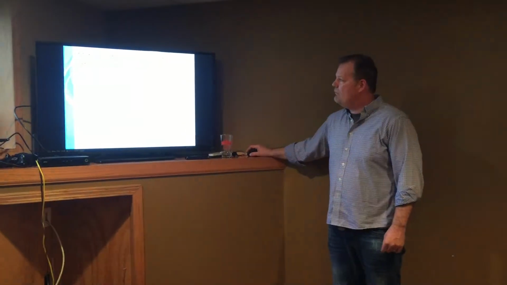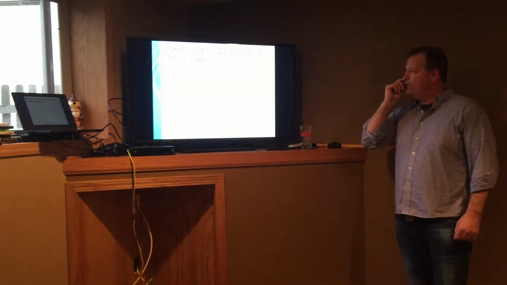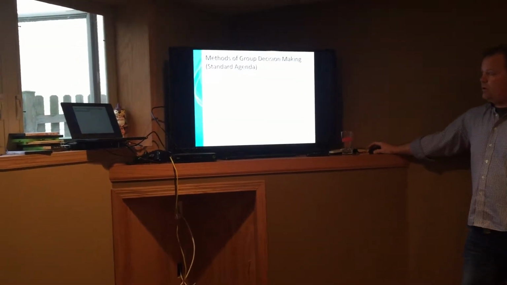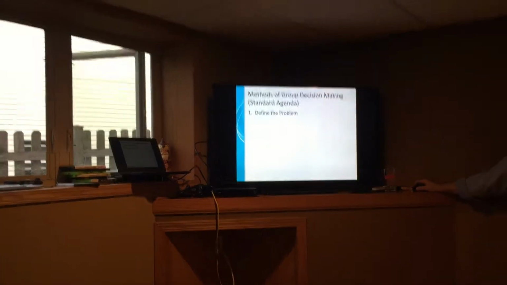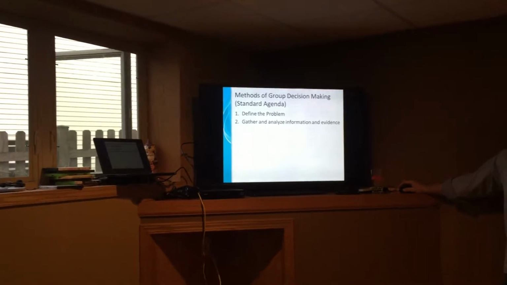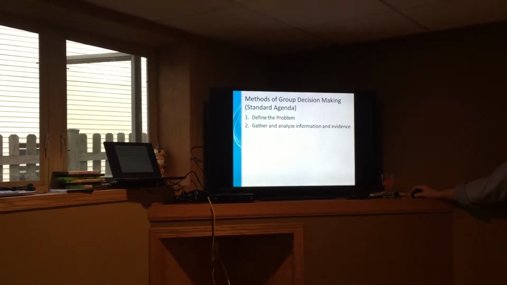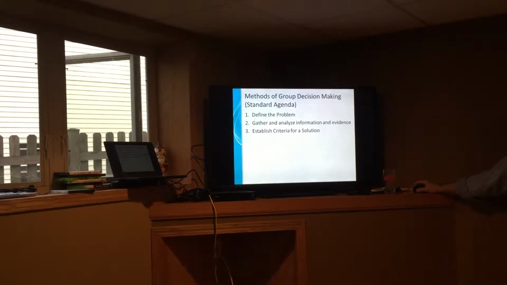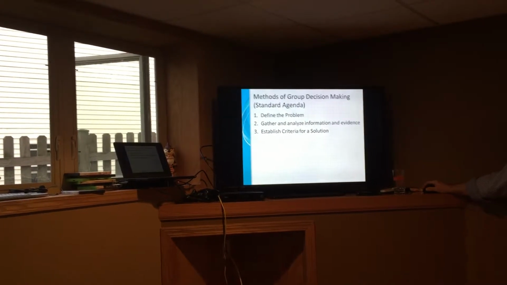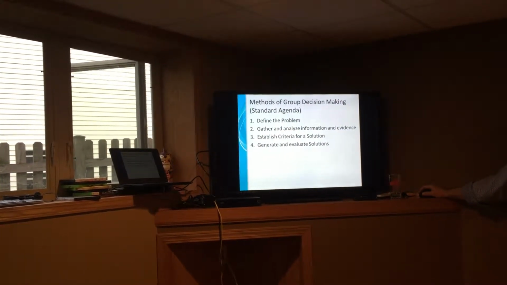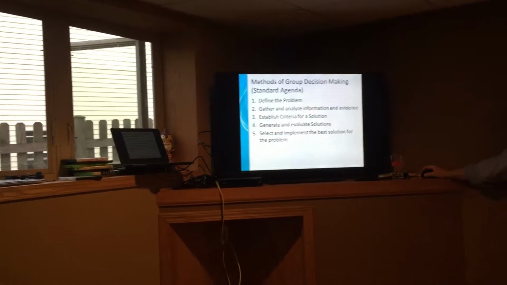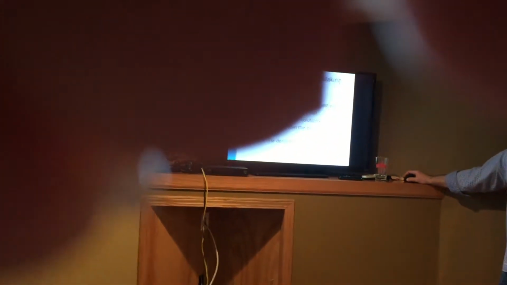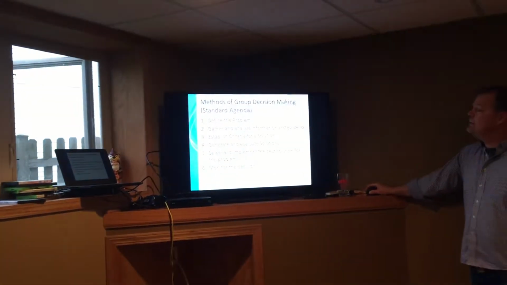So there are really 2 different methods of group decision making I'd like to go over. One is a standard agenda. In a standard agenda, you would define a problem, gather information and/or evidence, establish criteria, rules around what you're trying to accomplish, generate and evaluate any possible solutions, select the best solution to the problem, and then monitor the decision.